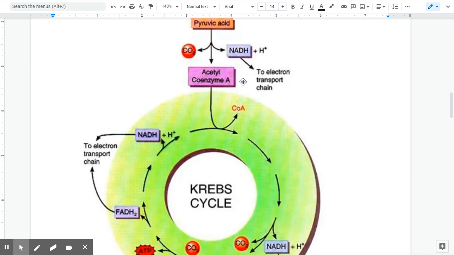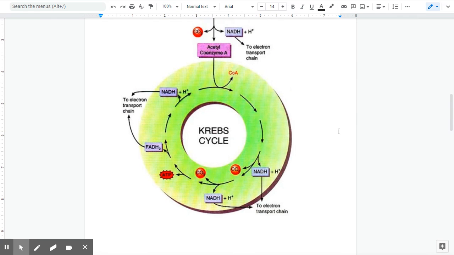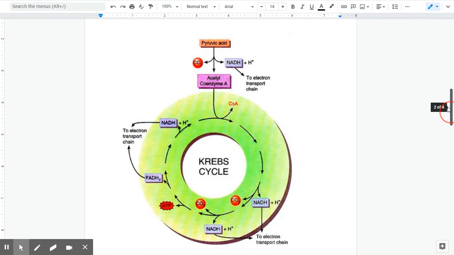So as we look at this cycle here, let's try and zoom out. What happens is we get our pyruvate, which goes in, and we get some CO2 out of it, and we make some more NADH from it to go to the electron transport chain. But that goes in, goes through some changes to make more of these molecules.